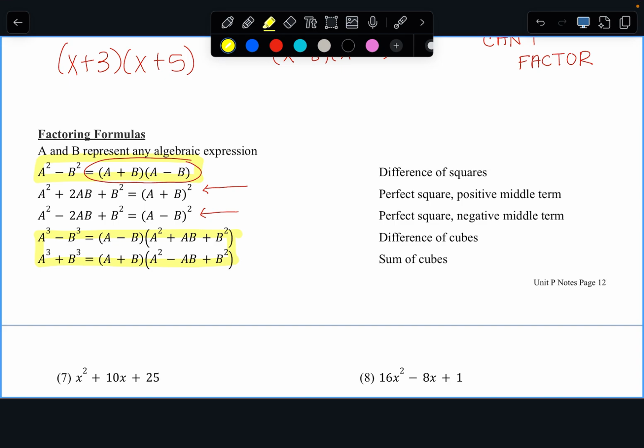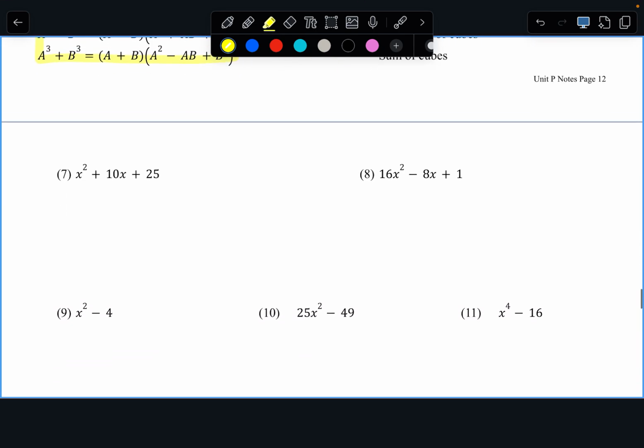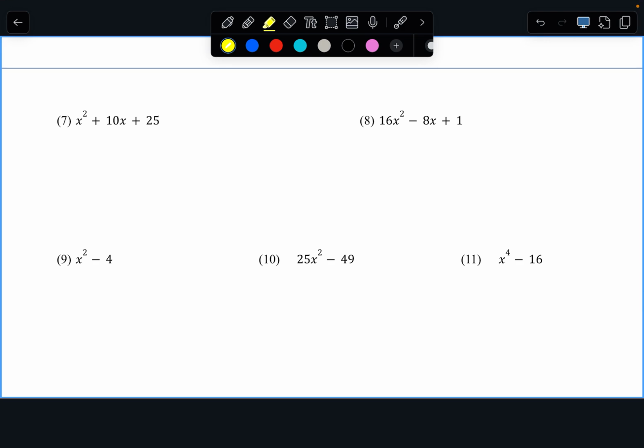Okay, so again, just star, highlight, asterisk, do something so you know those three are really important ones to remember. Okay, so some examples of them. I have three terms.